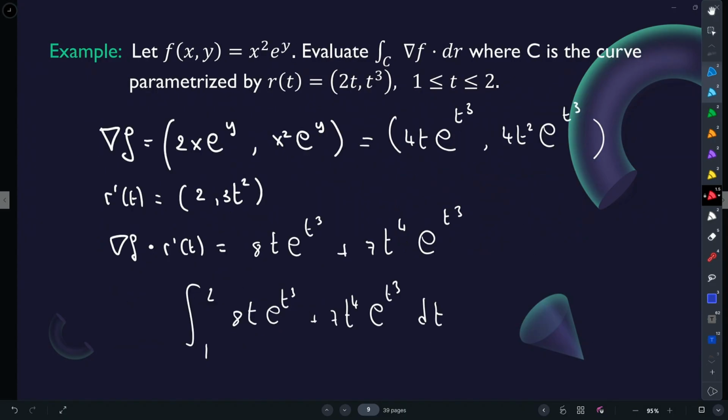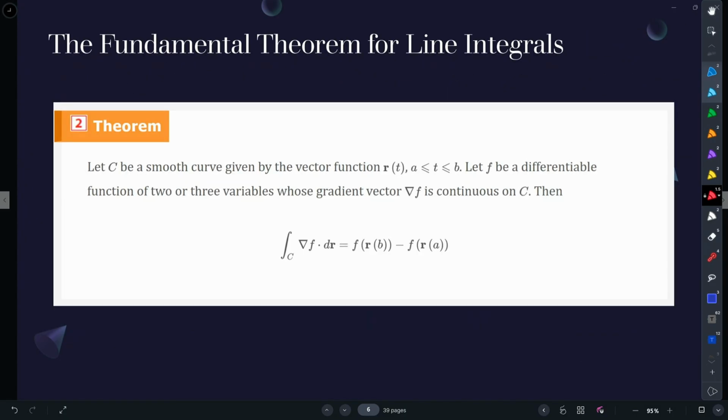That is the statement of the fundamental theorem. So the fundamental theorem tells me that if the vector field is a gradient, then the value of that integral is just the difference of evaluating the function at the endpoints. If the vector field is a gradient.